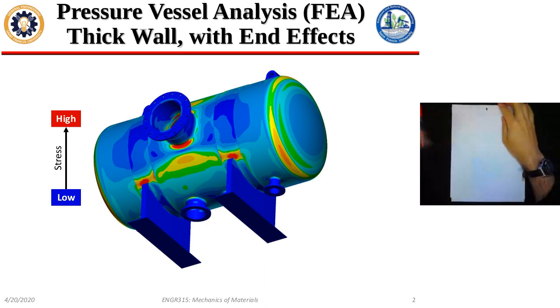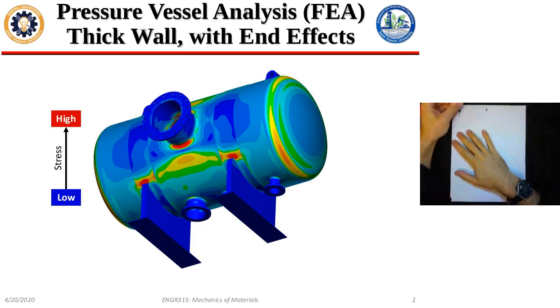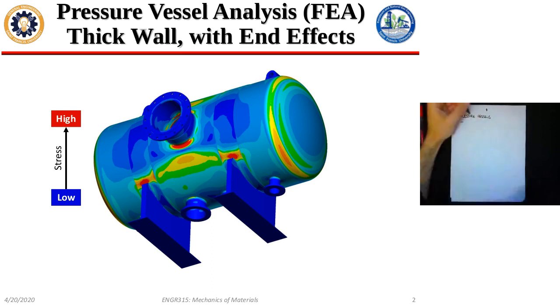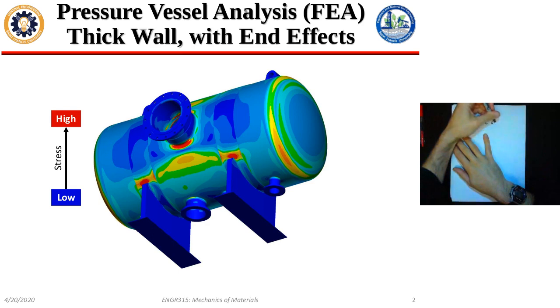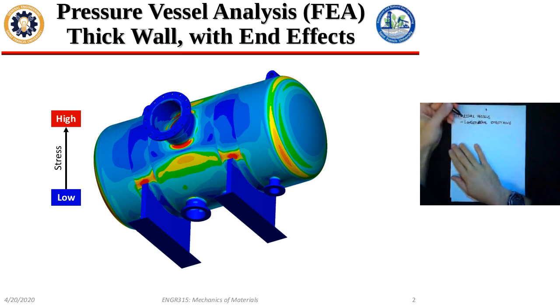All right, so we just said for our pressure vessel, little thought experiment, that there's some longitudinal stretching going on, because we could see that stress concentration around the hole there.